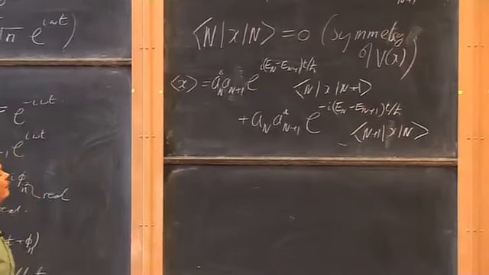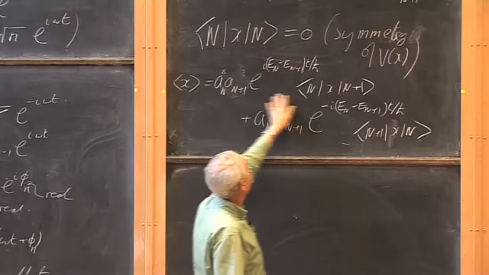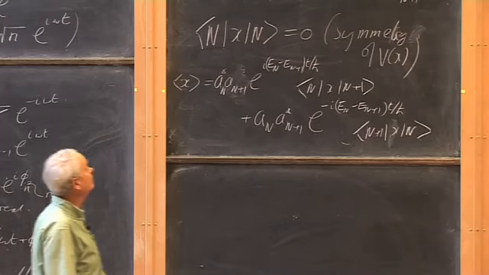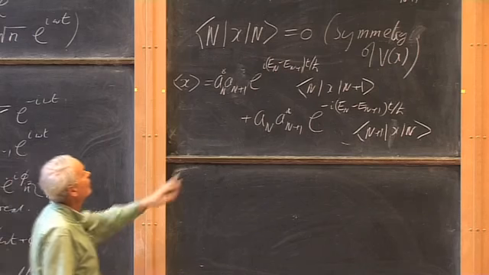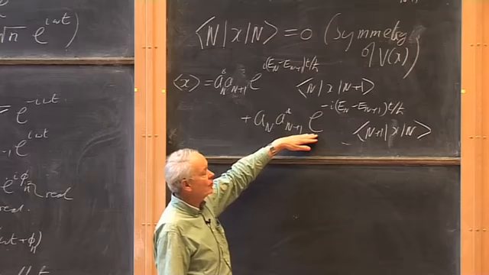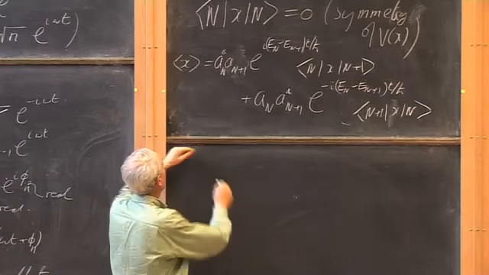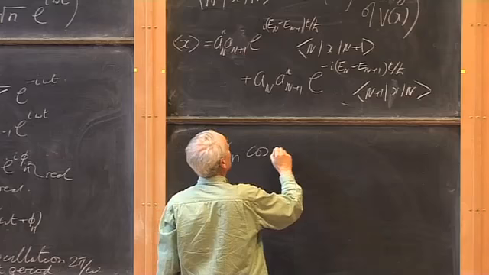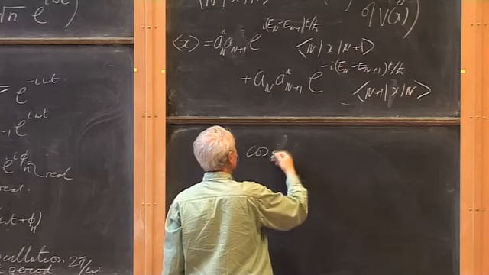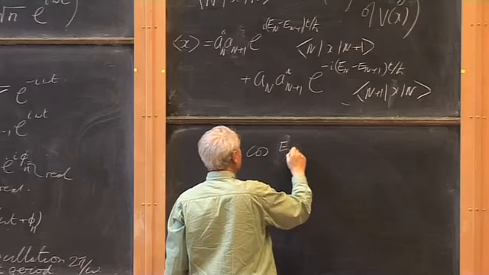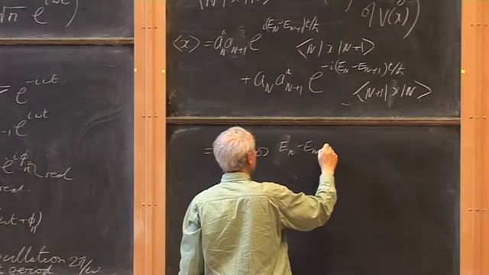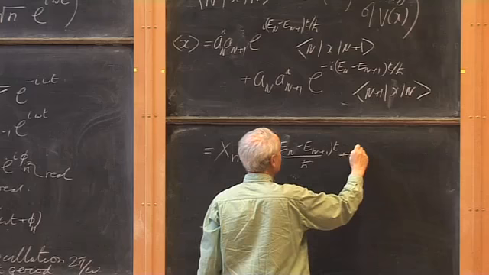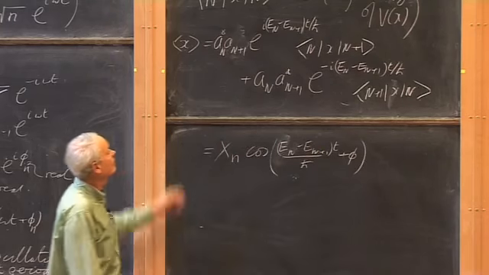So what do we have now? We have again that this term is the complex conjugate of this term. So we're looking at a sinusoidal function plus its complex conjugate. Therefore, we're looking at something which could be written as X_n cos of (E_n minus E_{n+1}) t on h bar plus a possible phase factor, right?